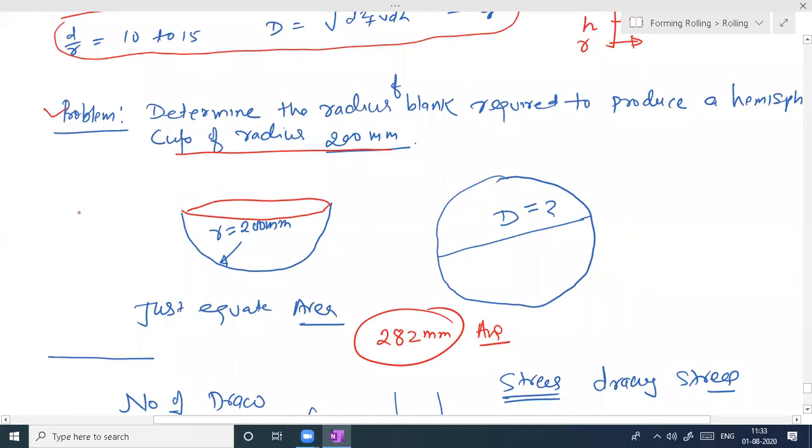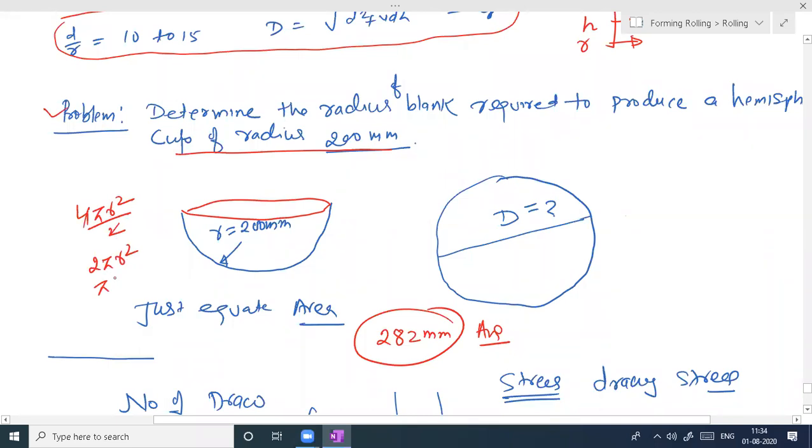So the full surface area is 4 pi r square. Am I right? So we have to take half of that. So we need 2 pi r square. That is the hemispherical cup. So we can write pi d square. Am I right? Sorry, 4 pi r square.